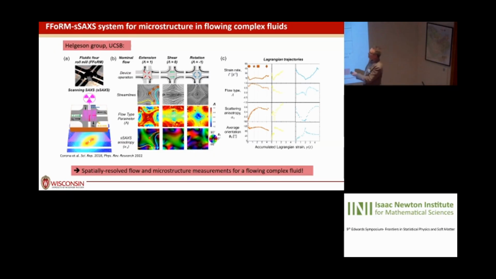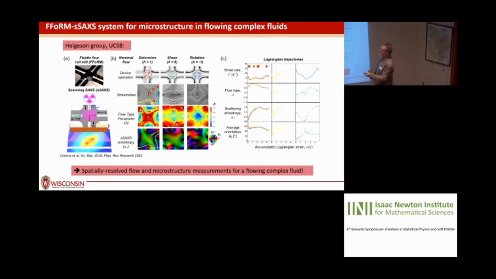Susan Muller actually was the first to develop a millifluidic version of a four-roll mill. And the idea is that you engineer the device geometry and the inlet and outlet flow, so you get a linear flow of the desired type right at the stagnation point in the middle.